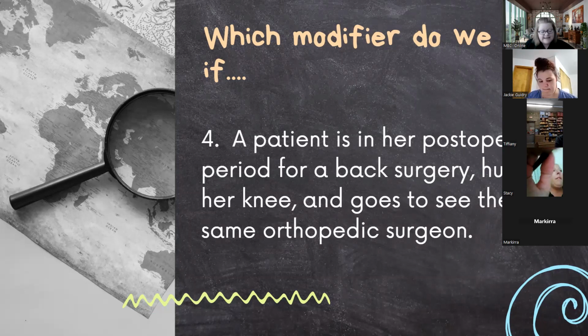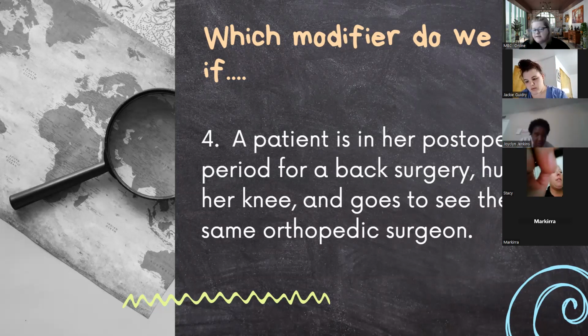Y'all are making me second guess myself. Nope, 55 is post-operative management only. This is not going to be 55. Is it 50? Let me double check my stuff. Okay, so I think it would be 58.